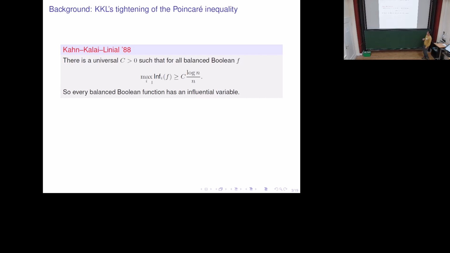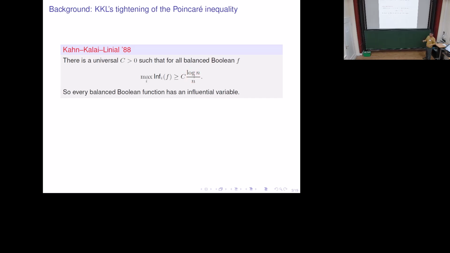This is a significant improvement of the Bakry inequality, because recall that any Boolean function eventually gives you a voting scheme. If your Boolean function is balanced, this voting scheme is fair. So a consequence of this KKL theorem is that in this fair election, you can always find a variable that has influence at least log n over n.